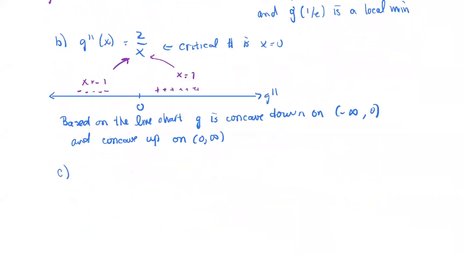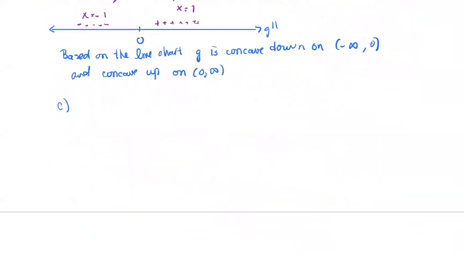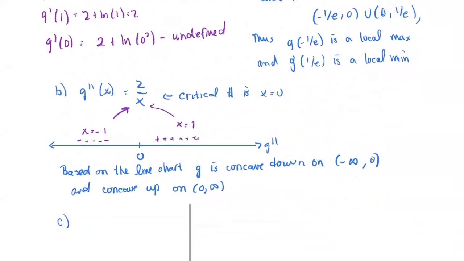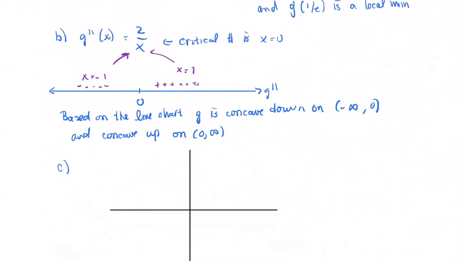Based on my analysis, I feel like there's some things I got, and there's some things I'm not quite sure of. So let me explain. Remember, these are sketches. These don't have to be perfect. But the first thing I sort of understand is that 1 over e and -1 over e are important, so 1 over e is, let's say, right here, and -1 over e is right here. They're about 0.368.